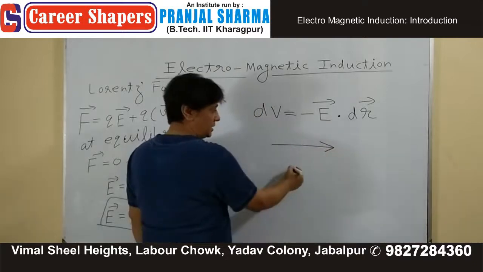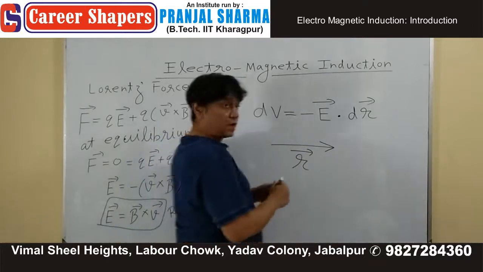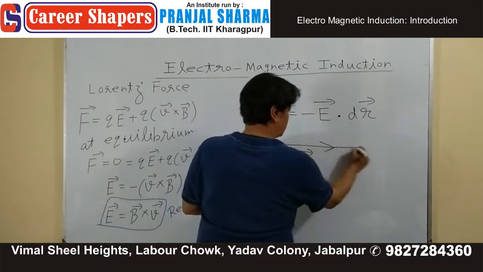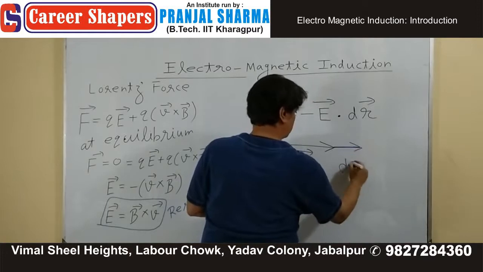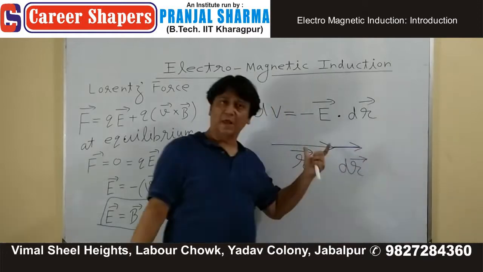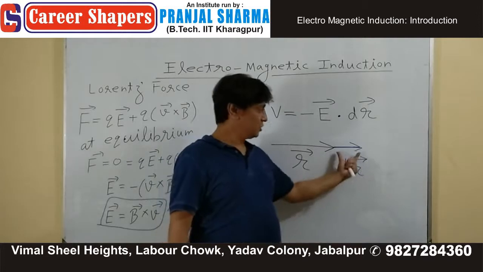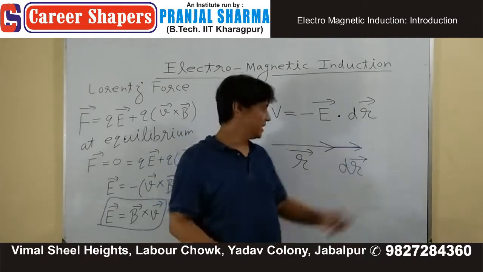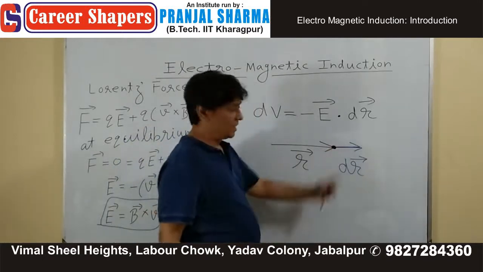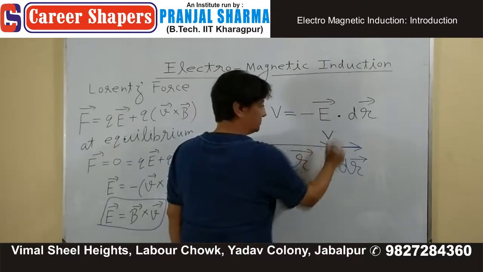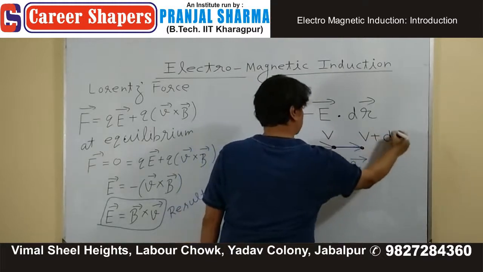At a distance of r, if you take a small element dr, shown with blue, of small length dr, right here potential is V. Over here, potential is V plus dV.